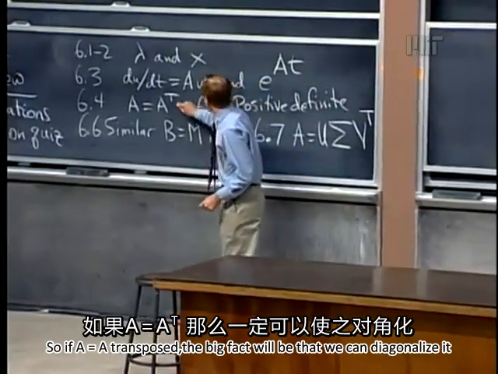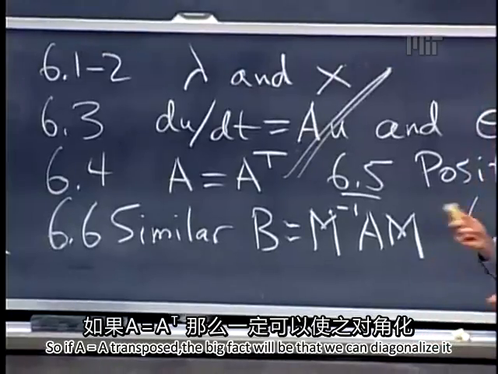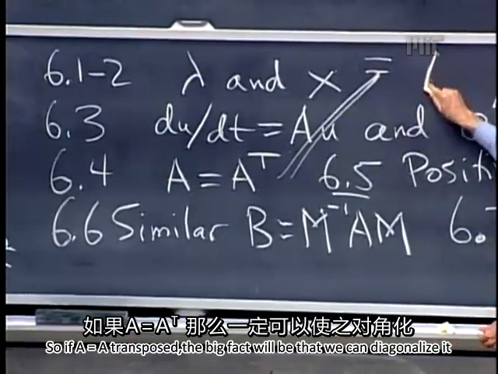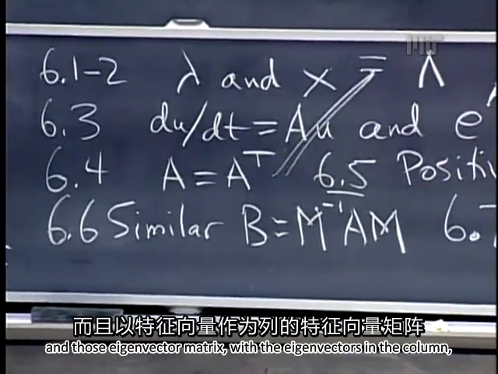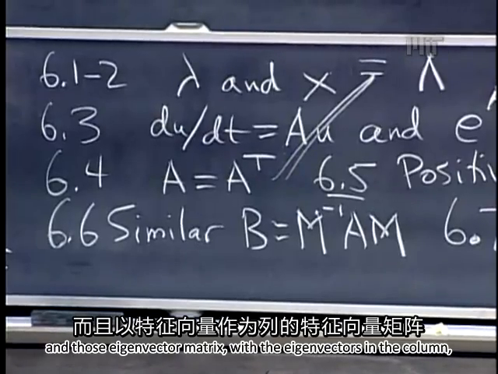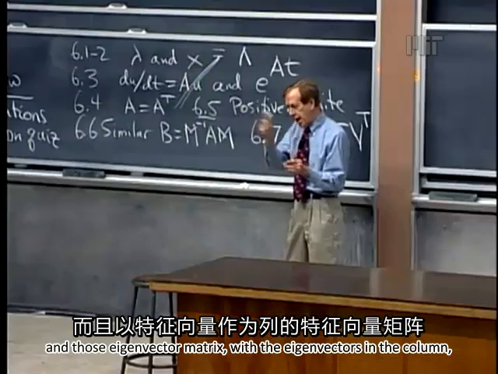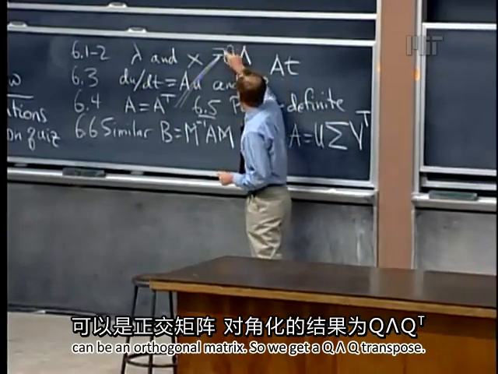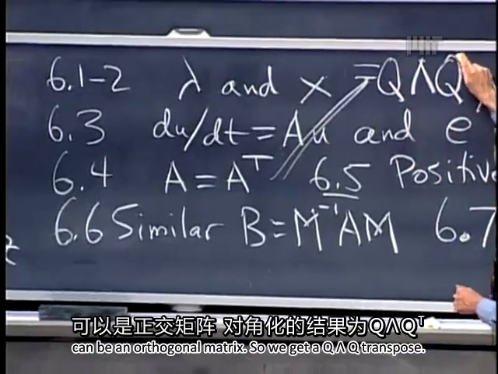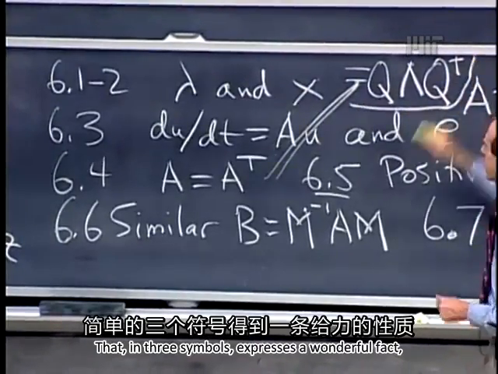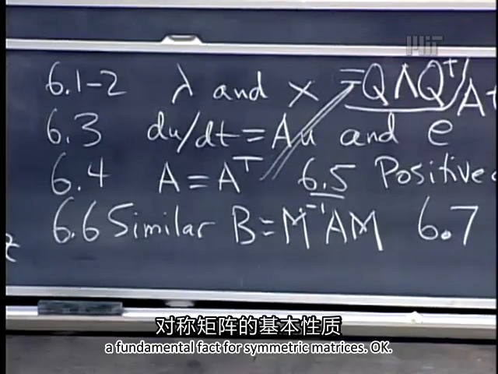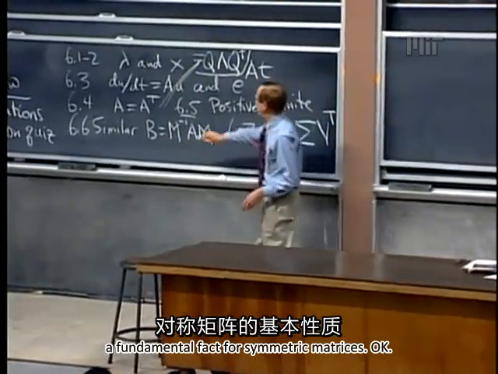So if A equals A transpose, the big fact will be that we can diagonalize it, and the eigenvector matrix, with the eigenvectors in the columns, can be an orthogonal matrix. So we get Q lambda Q transpose. That, in three symbols, expresses a wonderful fact, a fundamental fact for symmetric matrices.